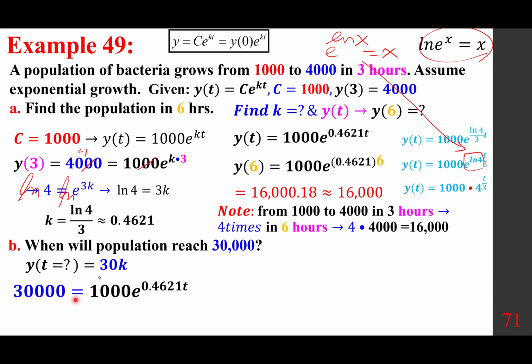So you put 30,000 equals one of those. It doesn't matter. It's an approximation anyways. And so obviously I can drop the 1,000 and this changes to 30. If I take the natural log of both sides, the left side is ln 30 and the right side is just the exponent 0.4621t.